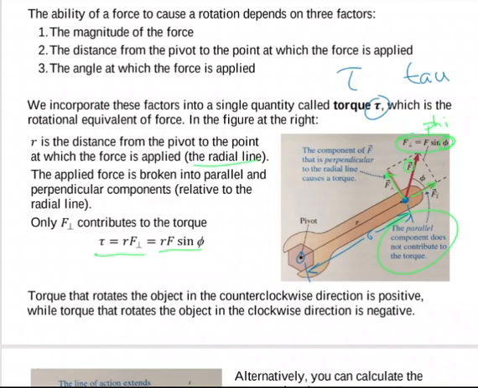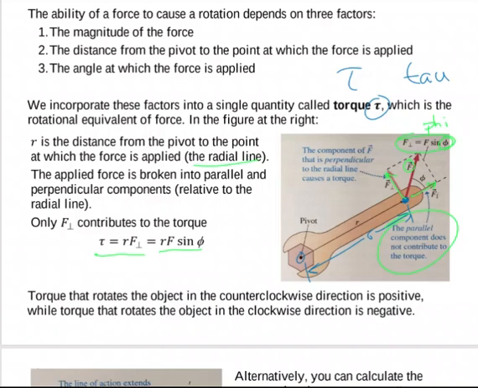We use different Greek letters for angles when we're talking about a different type of physics. For example, we might use alpha when we're talking about flying angles, and beta and gamma. So this might be why.